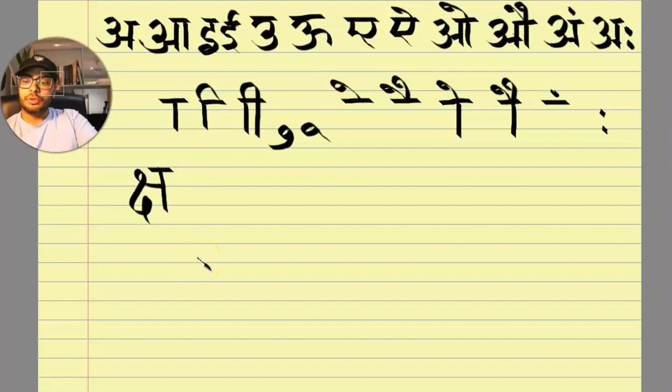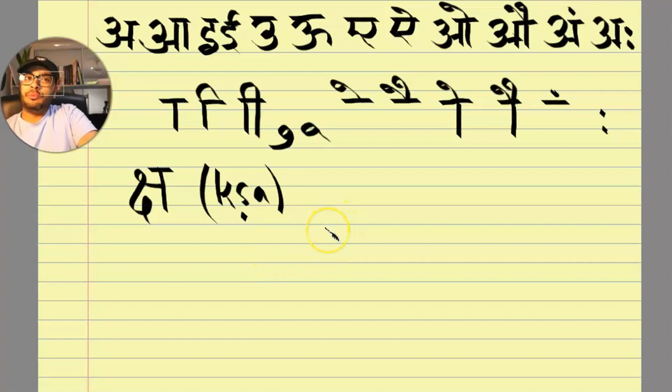So this is made with the sounds K, sha, and ya. This is also called a conjunct consonant, and the way we pronounce it is the way it's made up. So we pronounce it ksha.